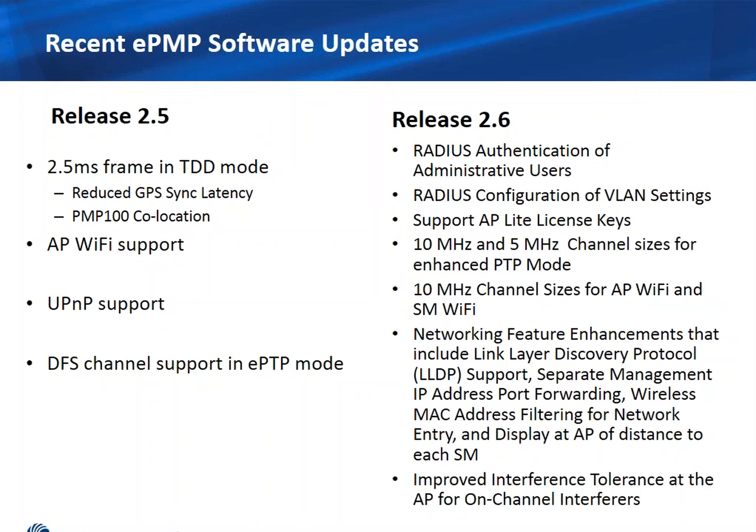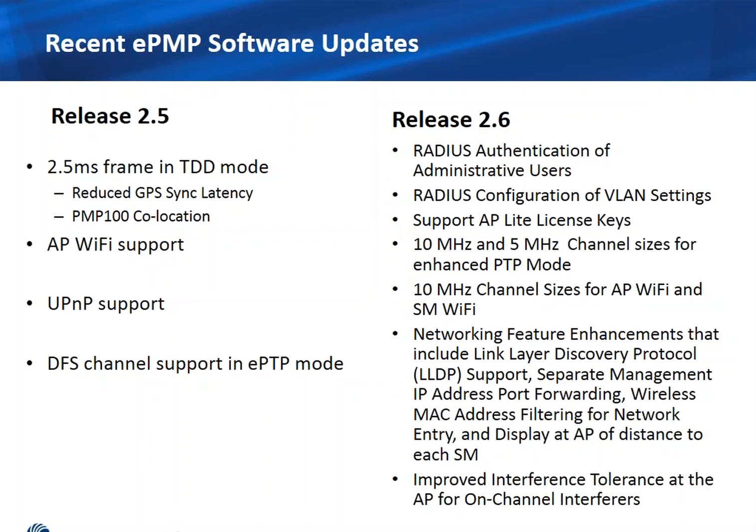Then we introduced a set of networking features that many people were looking for that include link layer discovery protocol, separate management IP address, port forwarding, wireless MAC address filtering for network entry, and then display at the AP of distance to each SM. And finally, we've improved our algorithms in the rate adapt area to make them even more tolerant of interference for on-channel interferers.